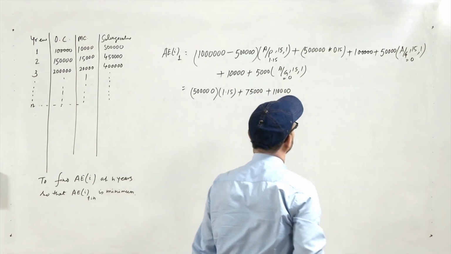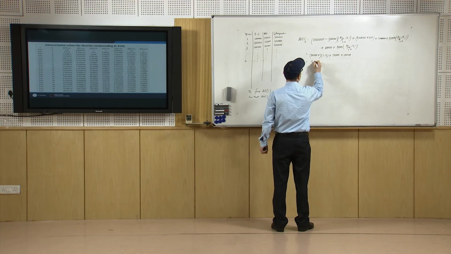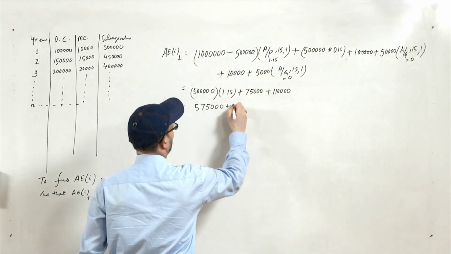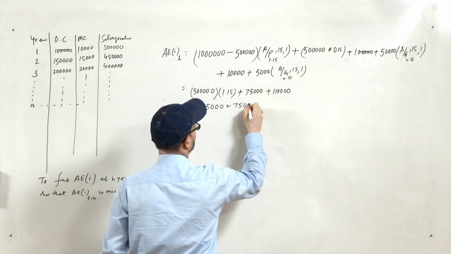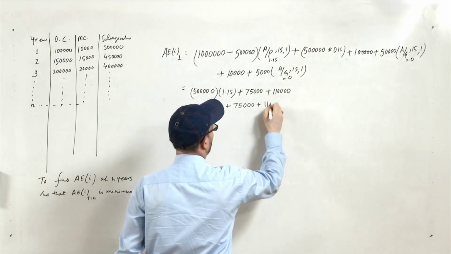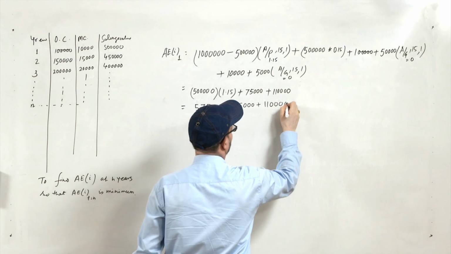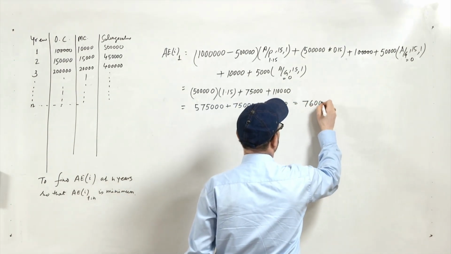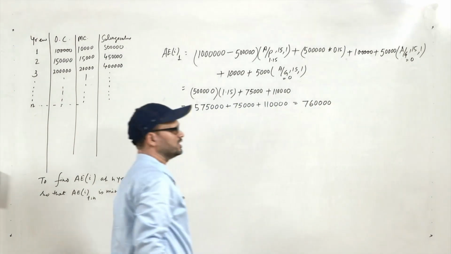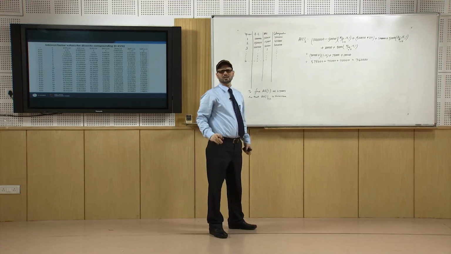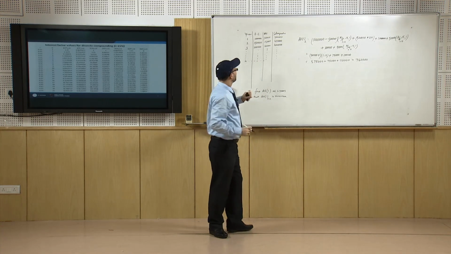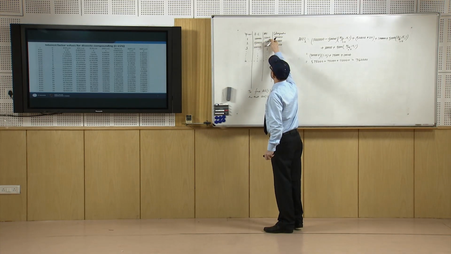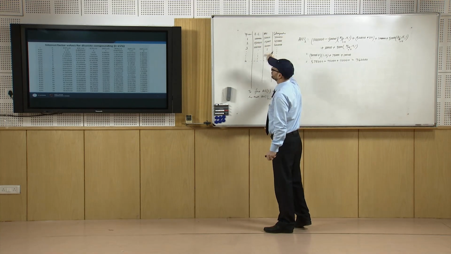If we take this value, it becomes 575,000 plus 75,000 plus 1,10,000, that becomes equal to 7,60,000. So, this is the annual equivalent value at n equal to 1, because at n equal to 1 your operating cost value is 1 lakh, maintenance cost is 10,000 and salvage value is 5 lakh.